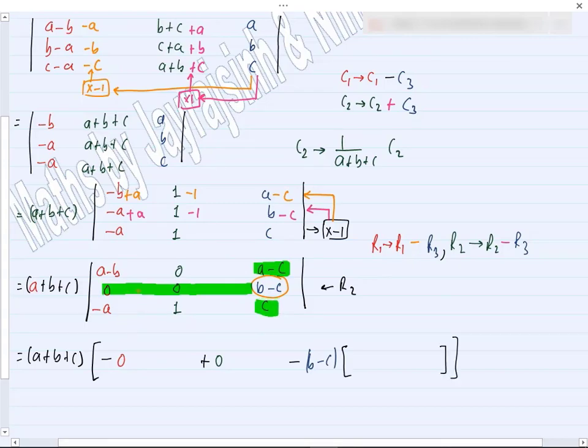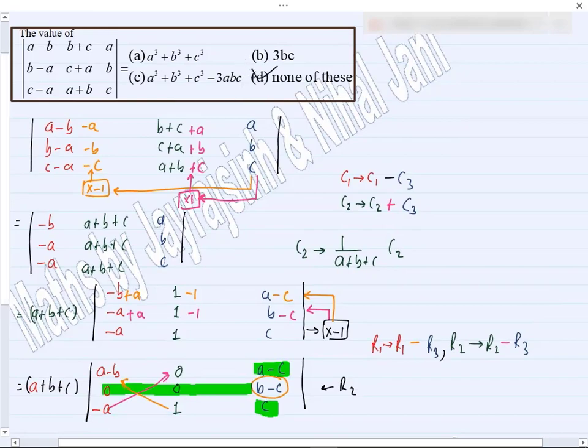Let's cross multiply. 1 with a minus b will give us a minus b, minus a with 0 will give us 0. Let's multiply this by minus 1 within the bracket and we will get a plus b plus c into c minus b into a minus b. Ta-da! Option D is your final answer.